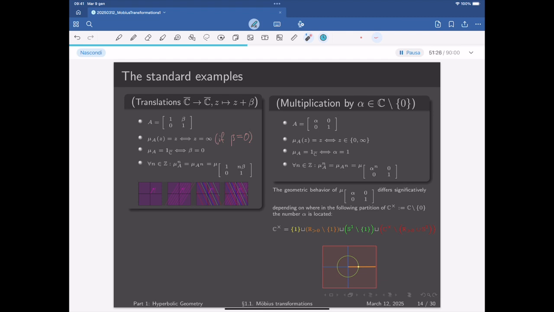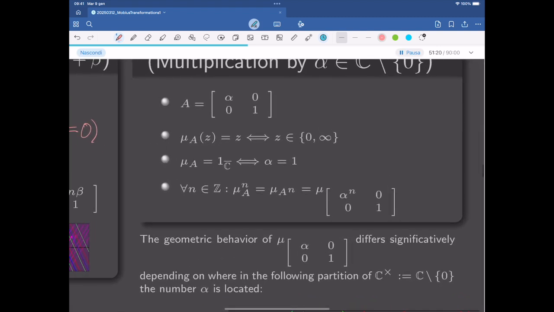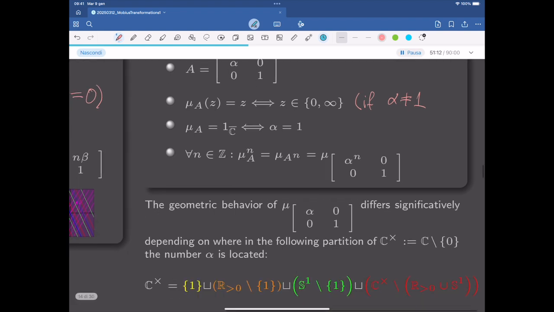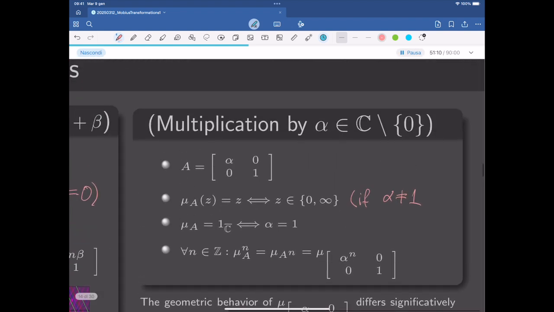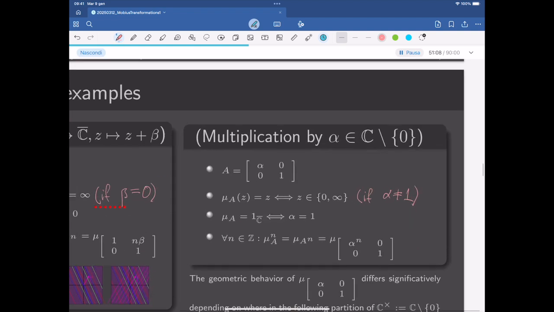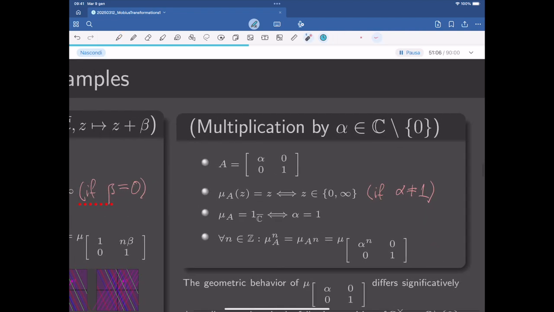Now, if alpha is not 1, there are exactly two fixed points, namely 0 and infinity, which is obvious.